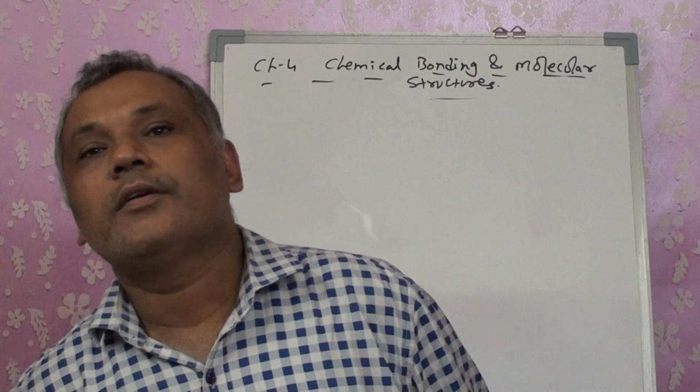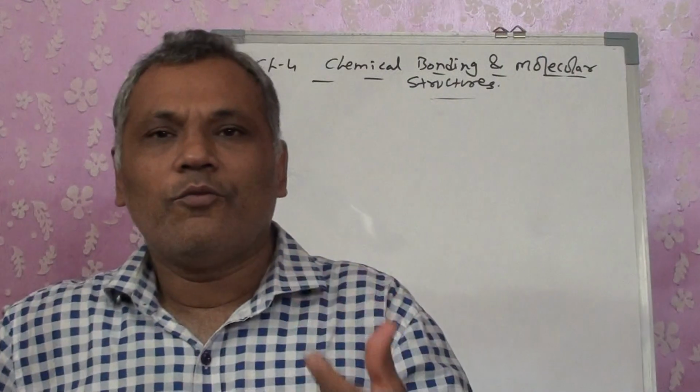The third factor is certain parameters or definitions that we want to understand, right? In this chapter we have already done ionic, covalent and coordinate covalent, but as time permits, we will do some simple definitions, like what is bond length?